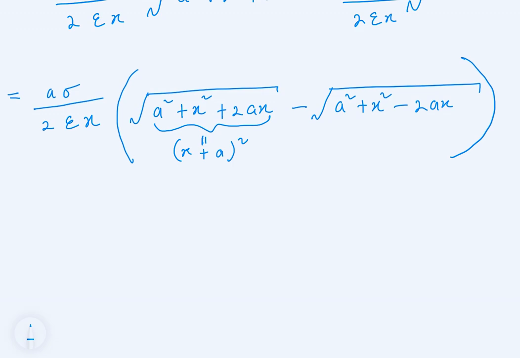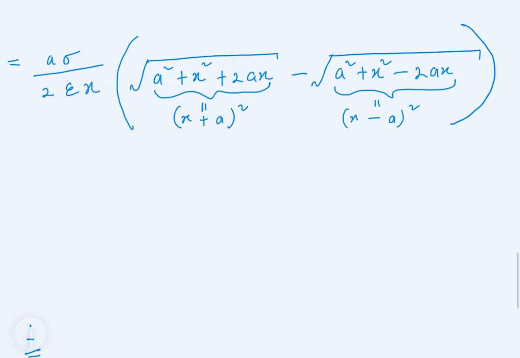Again, if you factorize what's under this square root sign, you get x minus a to the power of 2. When you expand x minus a to the power of 2, it gives you this over here.